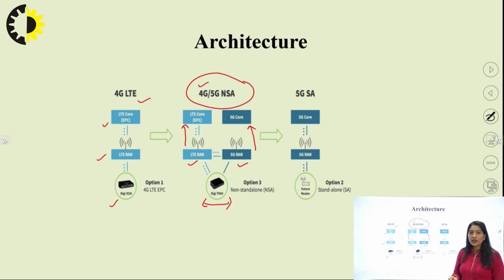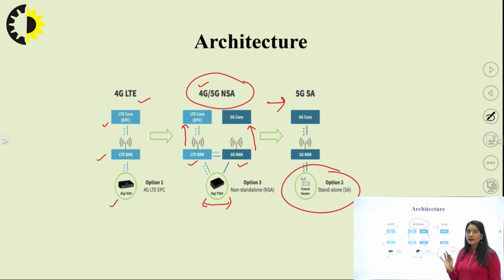Depending upon the application and the availability of the network, your device can switch from 4G LTE to 5G NSA. I mean, it will be compatible with both. Whereas the evolution goes towards 5G SA, which is a completely standalone fifth generation network in which your user equipment is standalone.